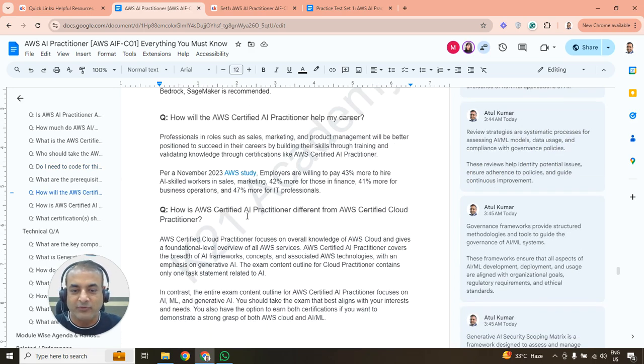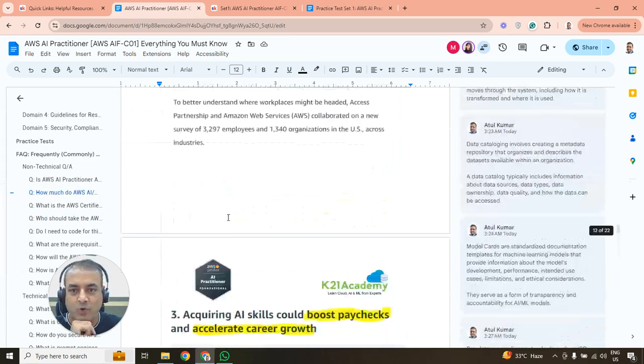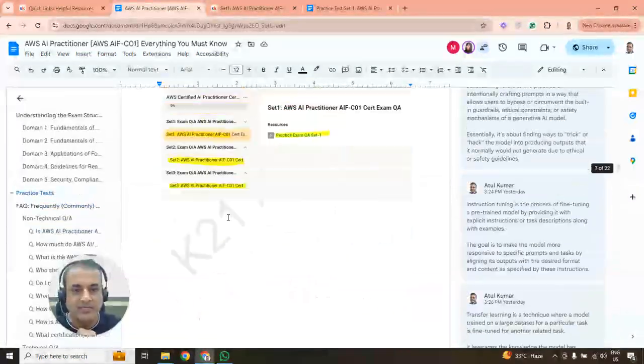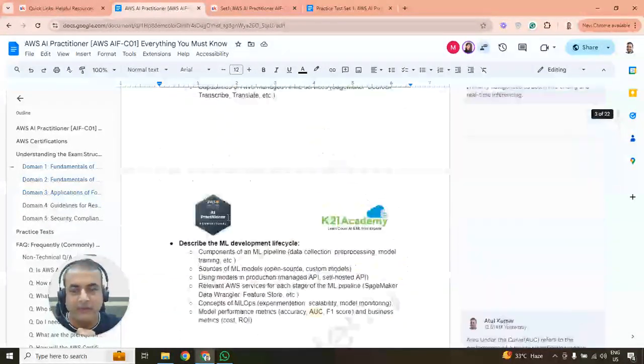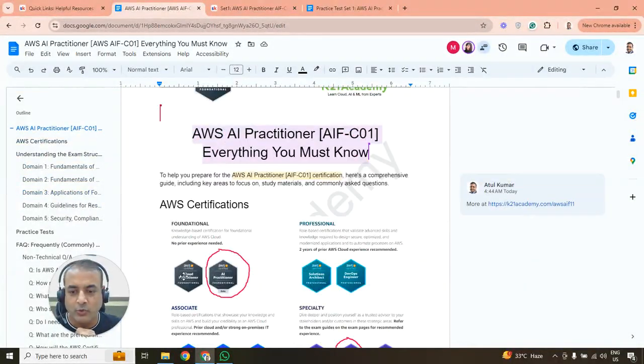Now, how is this AWS AI Practitioner different from AWS Certified Cloud Practitioner? This is where I'm going to go back onto this guide to understand how these are different. Within foundation, there are two certifications, and on August 13th or 14th of 2024, AWS launched this one. Earlier they had the Cloud Practitioner, which talks about all the AWS core services.